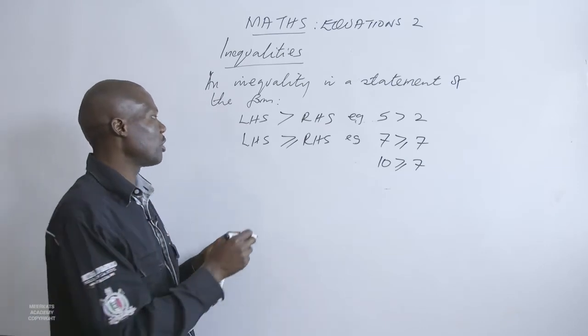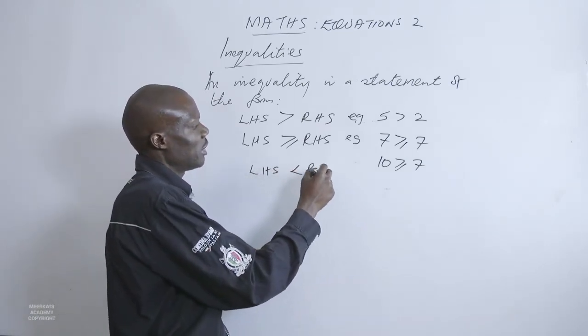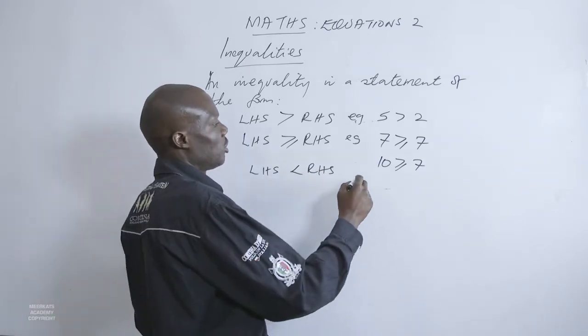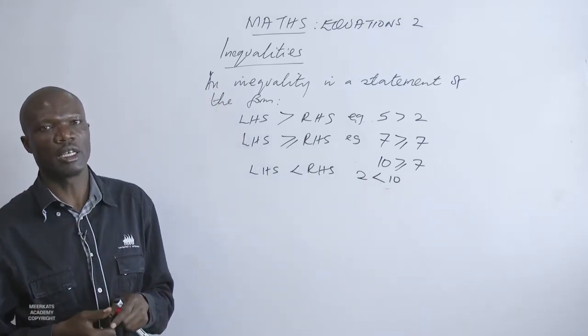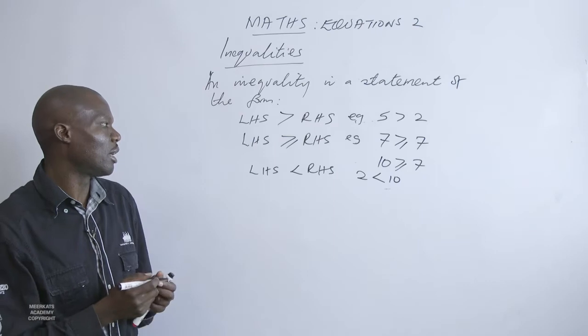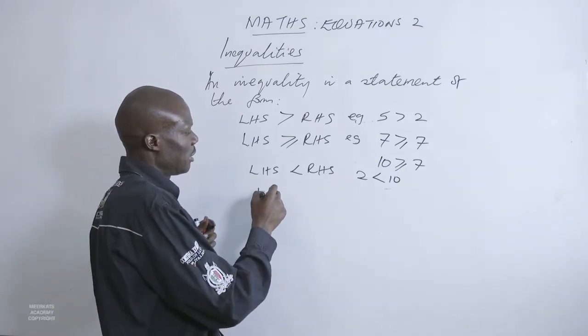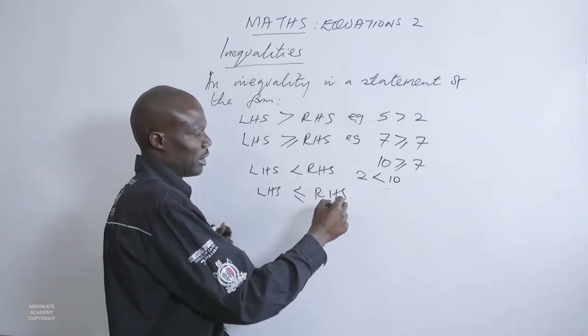We can also have it that the left-hand side is less than the right-hand side. And such a statement would be like 2 is less than 10. And finally, we can have left-hand side is less than or equal to right-hand side.